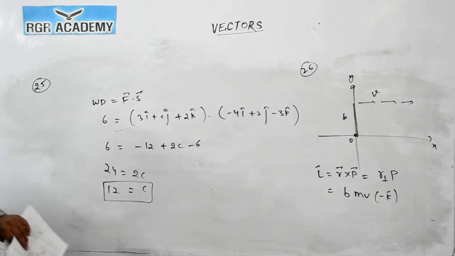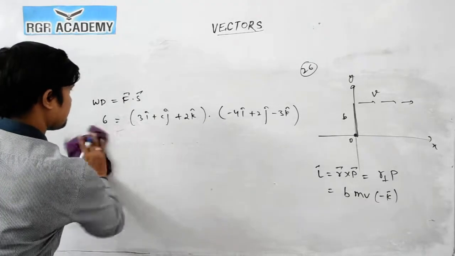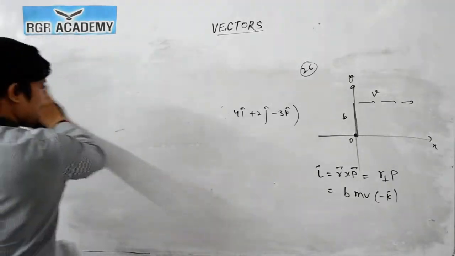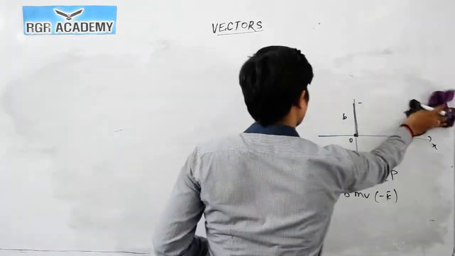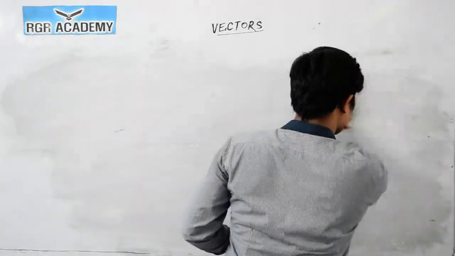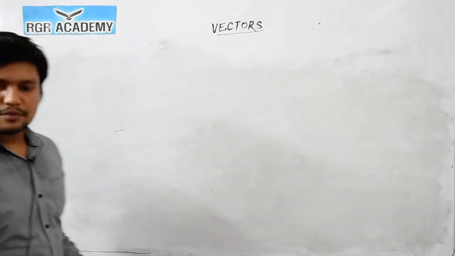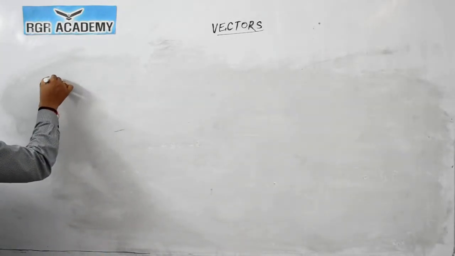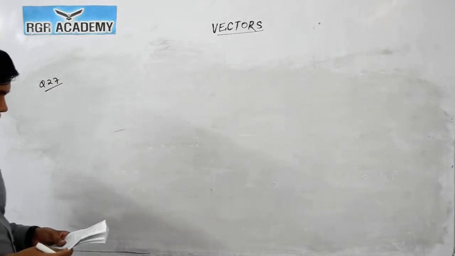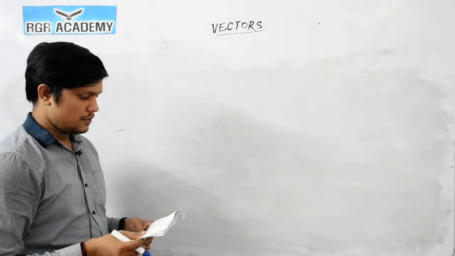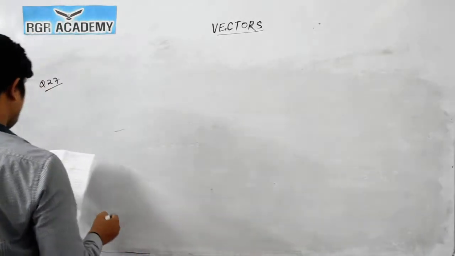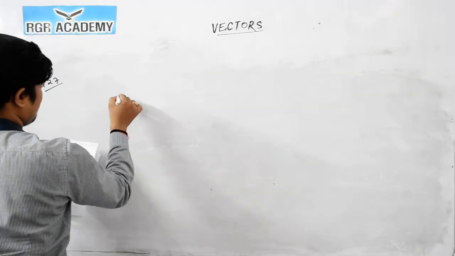Now we will move on to question number 27. The question is: find the unit vector parallel to the resultant of vectors a and b.